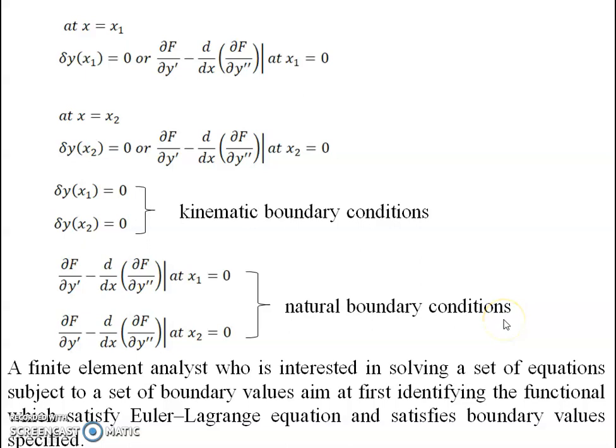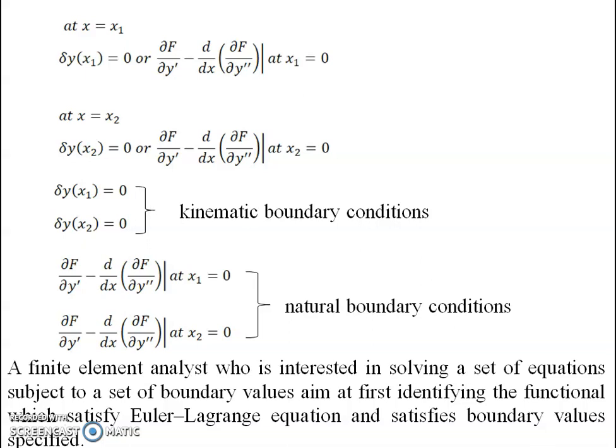So in short, if one is aware of the solution related to the Euler-Lagrange condition, and is aware of what boundary condition and natural boundary condition, kinematic boundary condition it is going to have, he may satisfy any set of solution, and thereby an approximate solution can emerge.